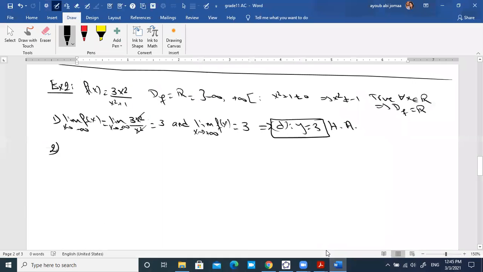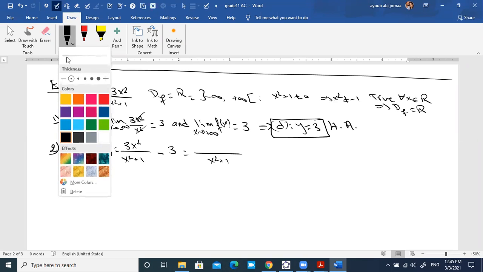To study the relative positions as usual, y of C minus y of d is equal to 3x squared over x squared plus 1 minus y of d, 3, which is equal to, take common denominator, over x squared plus 1.